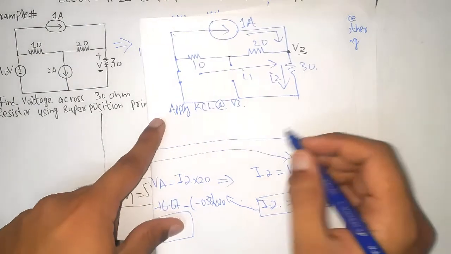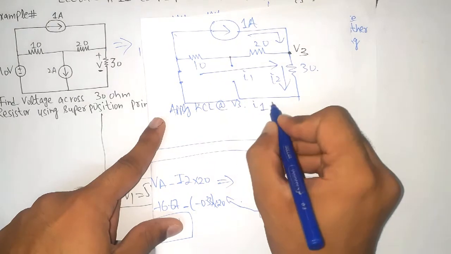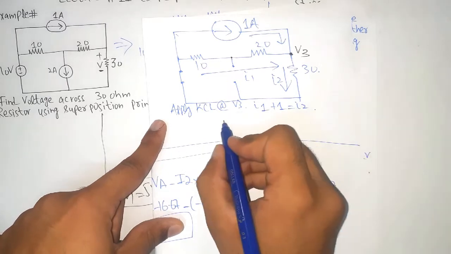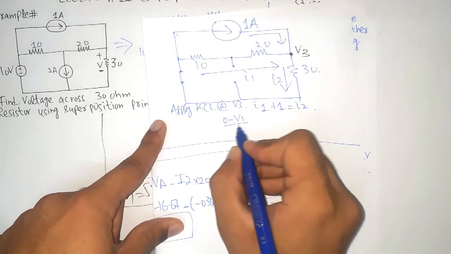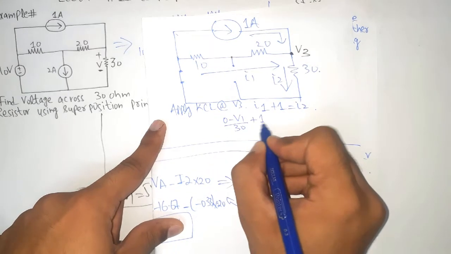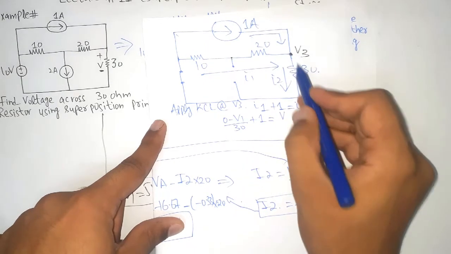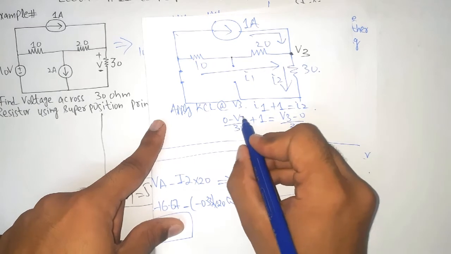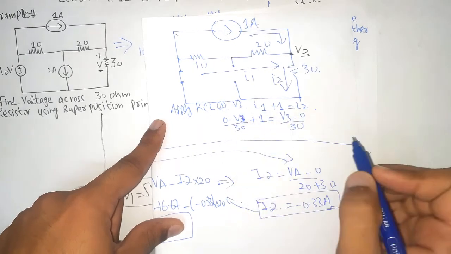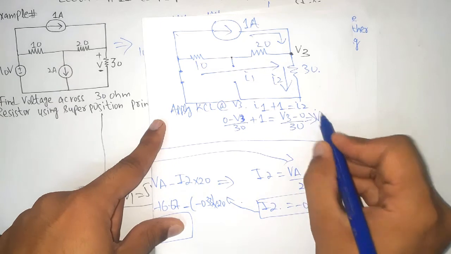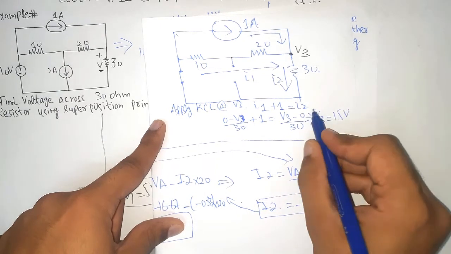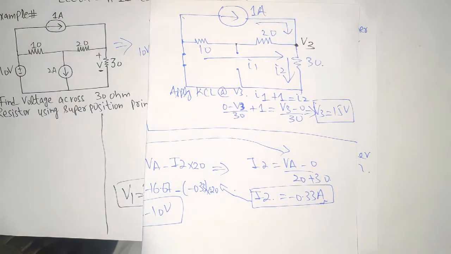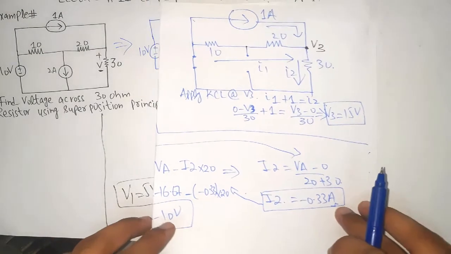So I1 plus 1 is equal to I2. I1 becomes 0 minus V3 divided by 30, plus 1 is equal to I2, which is V3 minus 0 divided by 30. So V3 will be equal to 15 volts. Now our third step is done. We need to find voltage across 30 ohm.